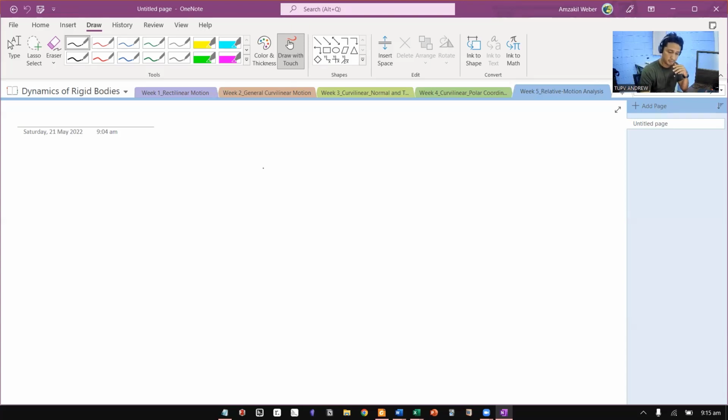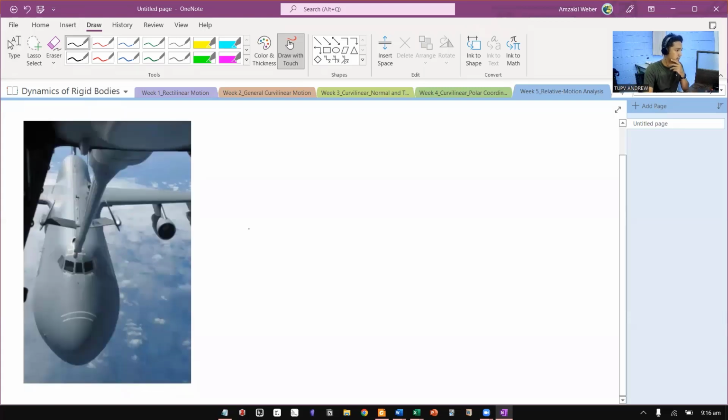Just to give you an actual example, let me copy something to our virtual board. This one is a mid-air refueling, from one aircraft to another aircraft. In this, it is very critical that the two aircraft maintain a zero relative velocity.